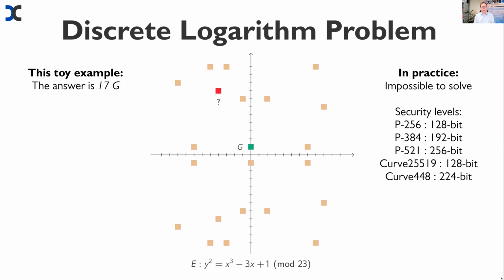So of course, in the small toy example, we can rather easily find out that it is 17 in this case, where the red dot is the Q. But in practical settings, it's impossible to solve. So for example, this P256 curve by NIST gives security that is roughly equivalent to breaking AES with 128-bit keys. So something that is considered impossible at the moment.